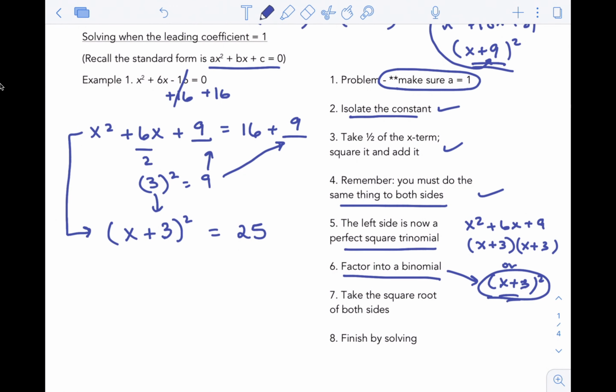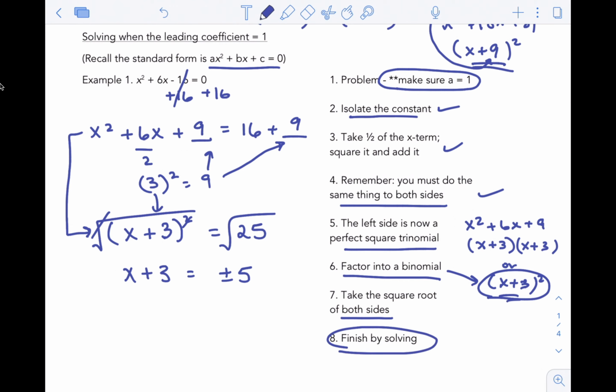Step 7, take the square root of both sides. So we force the square root. We have x plus 3 equals plus or minus the square root of 25, which is 5. Remember that the square root and the square cancel. And we finish by solving. So remember that to get x by itself, we subtract 3.